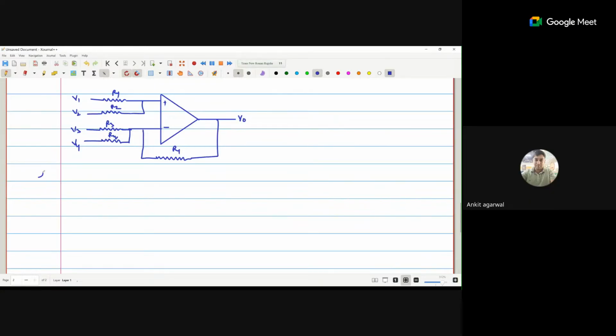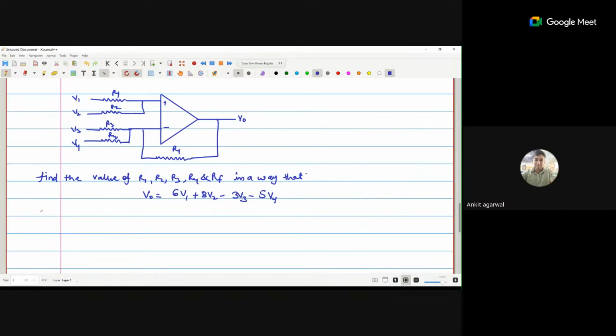Find the value of R1, R2, R3, R4 and RF in a way that output voltage V0 is 6V1 plus 8V2 minus 3V3 minus 5V4.